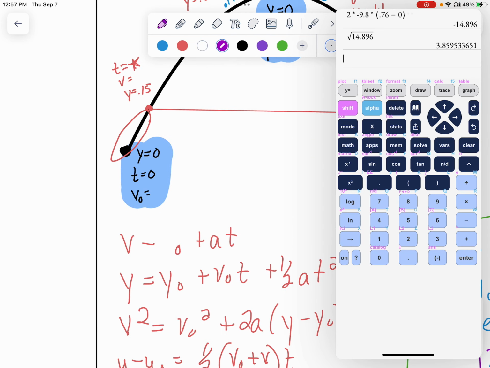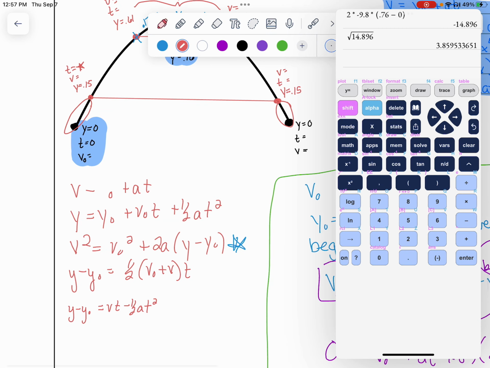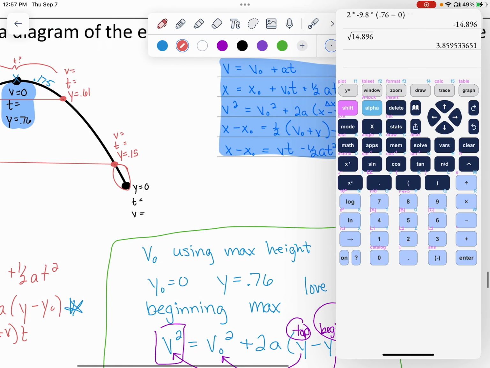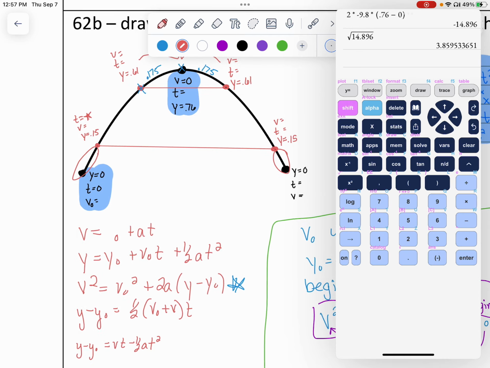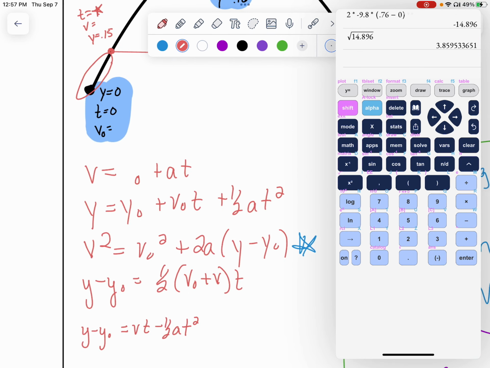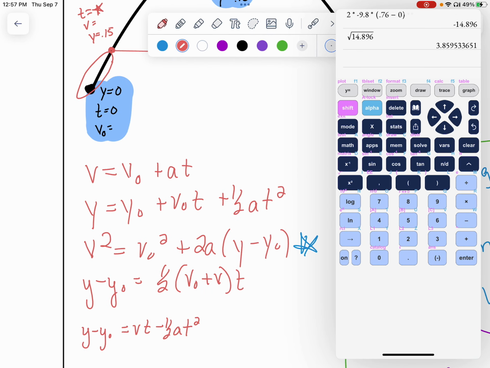Because we worked so hard getting V0, we could probably find a lot of stuff here. I do not know my velocity at that spot with the star, and I don't know my time. That's okay, so I won't use those.